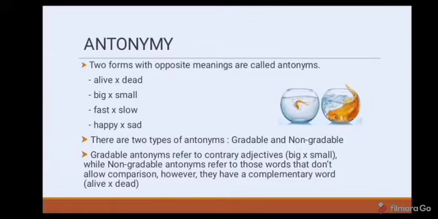There are two types of antonym, gradable and non-gradable. Gradable antonyms refer to contrasting adjectives, for example, big, small, while non-gradable antonyms refer to those words that don't allow comparison. However, they have a complementary word, for example, alive, dead.